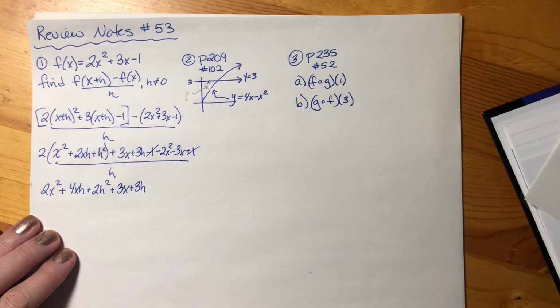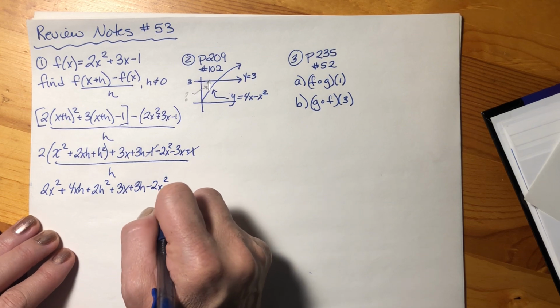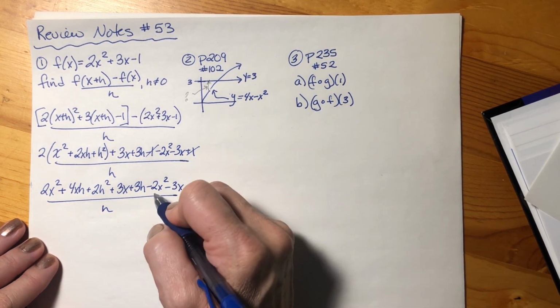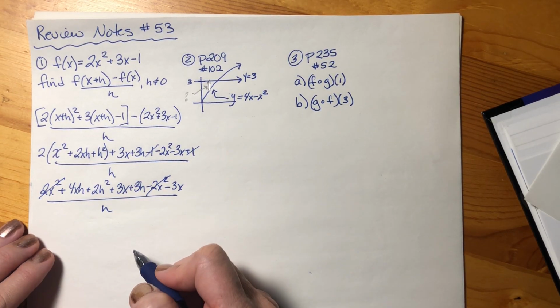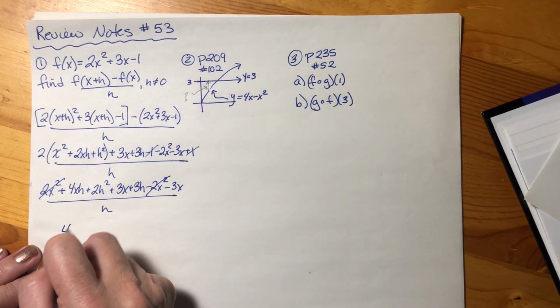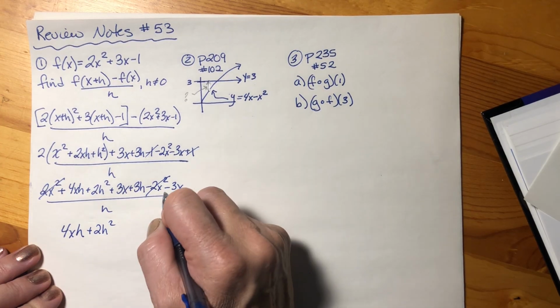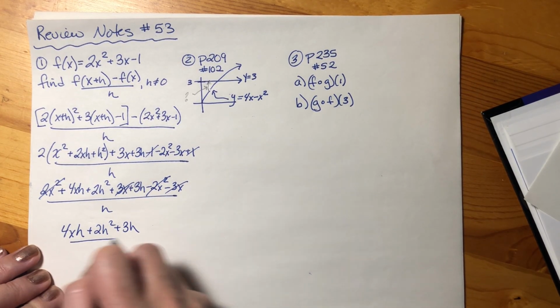Okay, so then it's going to be minus 2x squared minus 3x all over h. All right, so I'm looking, poof, those fall out. And let's see, so I'm left with 4xh plus 2h squared. My 3x's, poof, they fall out, plus 3h all over h.